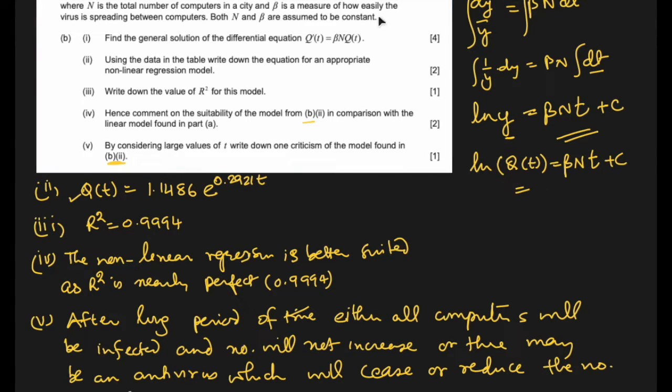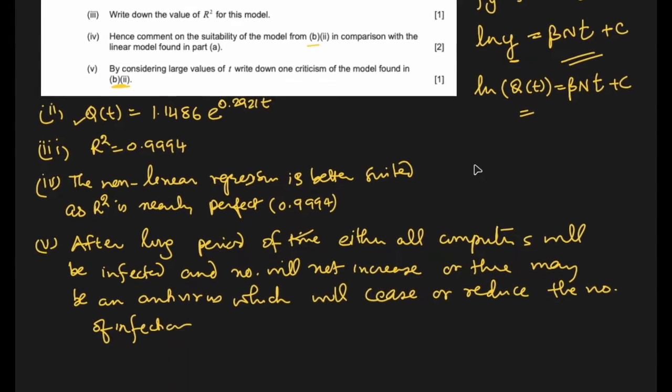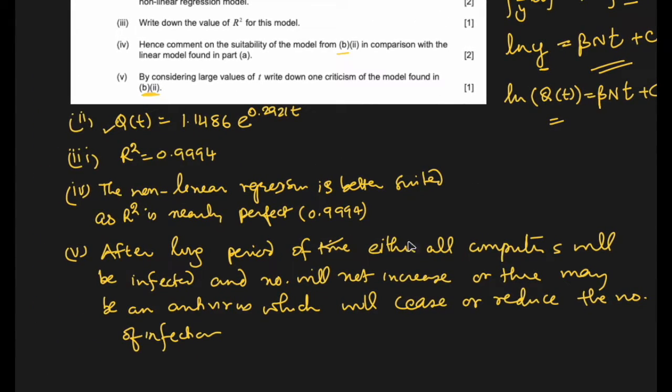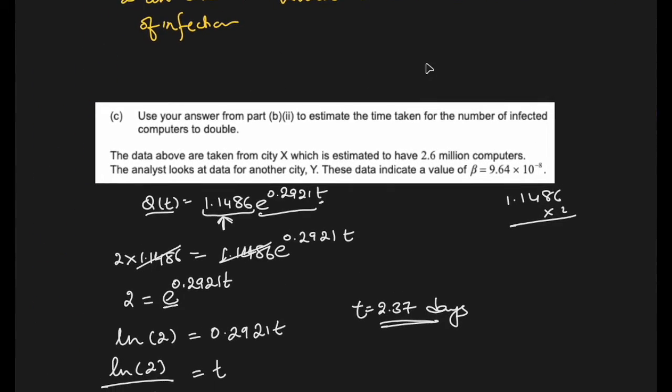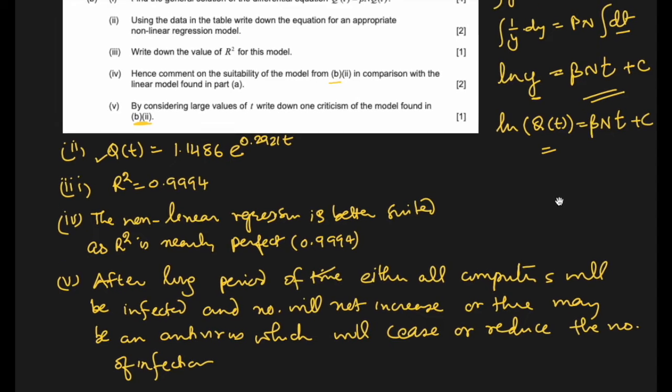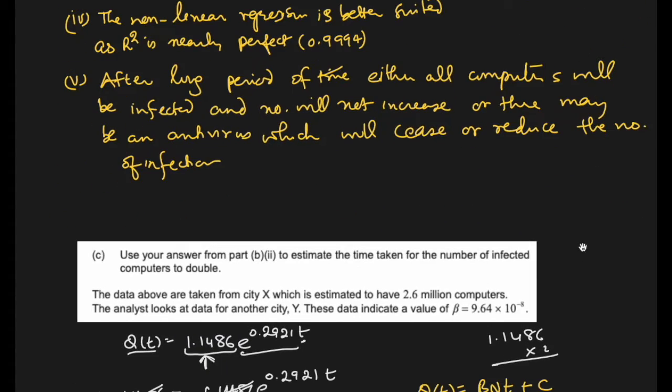We had this equation, and we also got the same equation here. Let me write it here. Q t equal to beta N t plus C. Let me see once more. No, it is natural log.